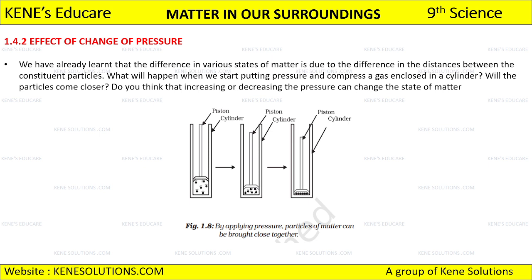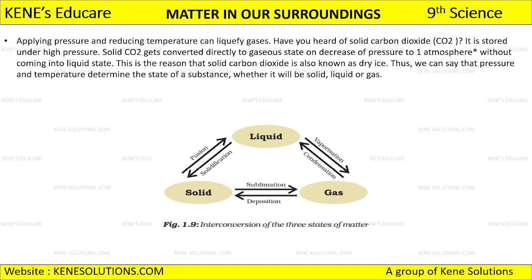And when we apply more pressure, you can consider the first picture as gaseous, the second picture as liquid, and the third picture as solid. So the particles are coming close together when pressure has been applied on the piston. So applying pressure and reducing temperature can liquefy the gases.